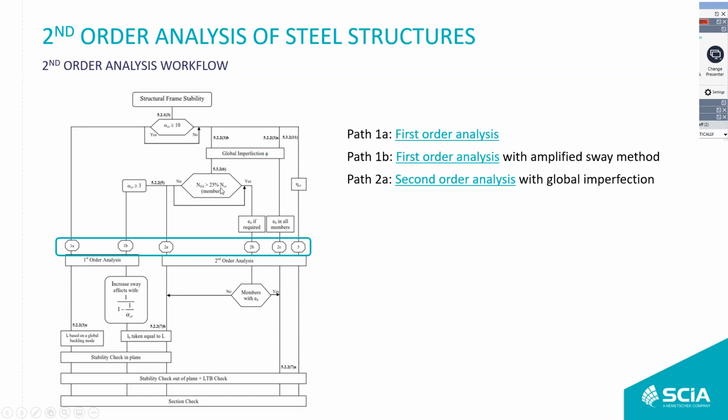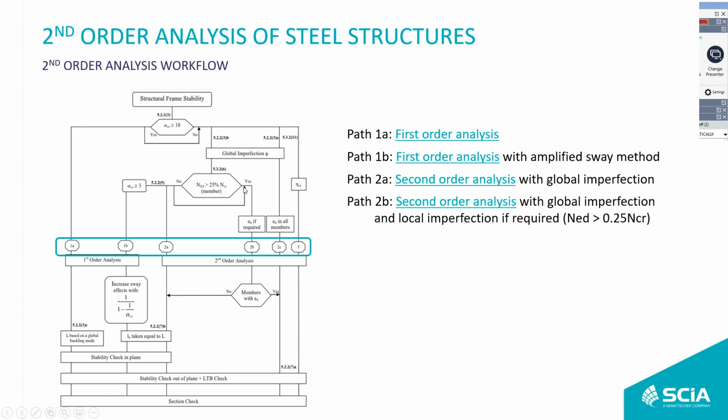Then we have 2B. 2B is almost the same, but in this case your normal force is bigger than 25%, so you'll need to add bow imperfection. If the member has a bow imperfection, then no need to consider flexural buckling. If the member doesn't have bow imperfection, you'll need to do the flexural buckling check with a ky or kz equal to 1.